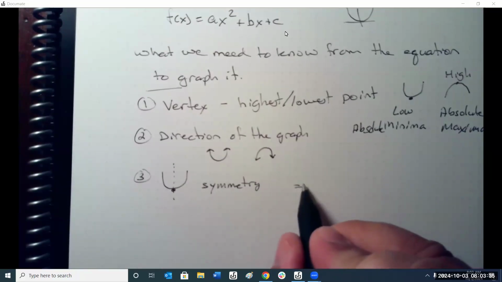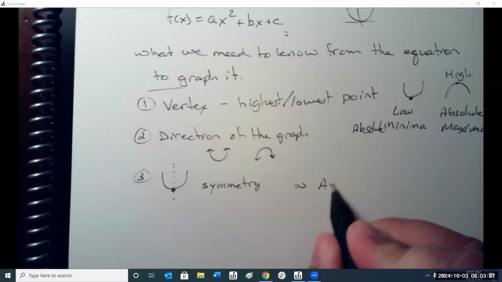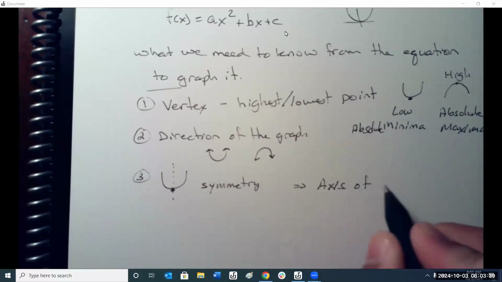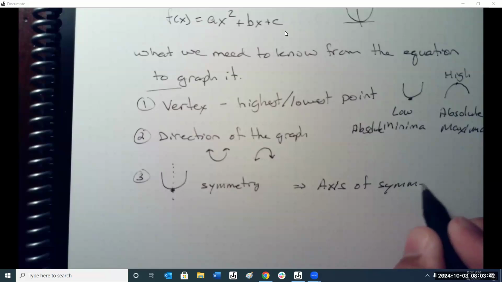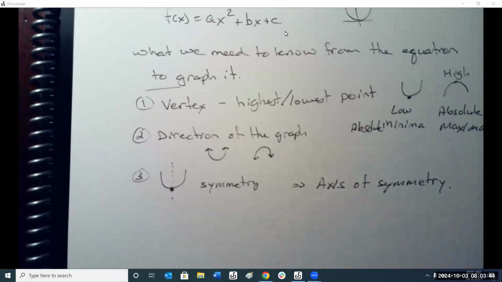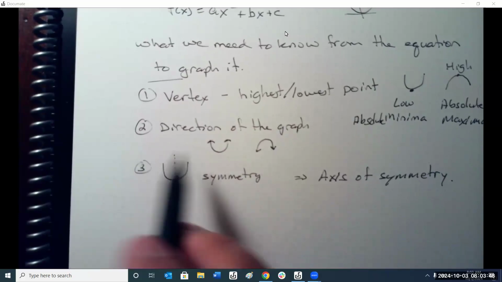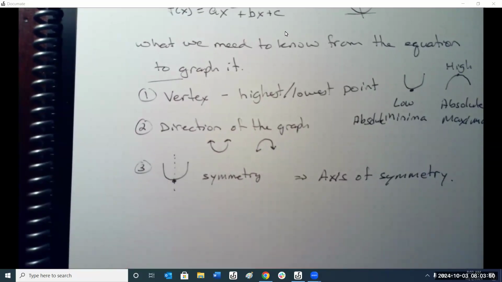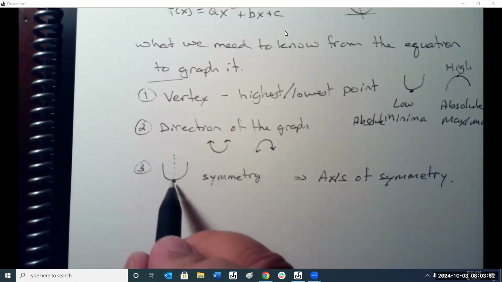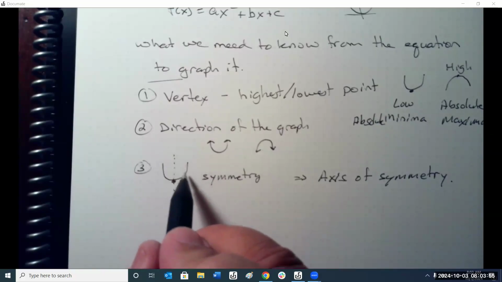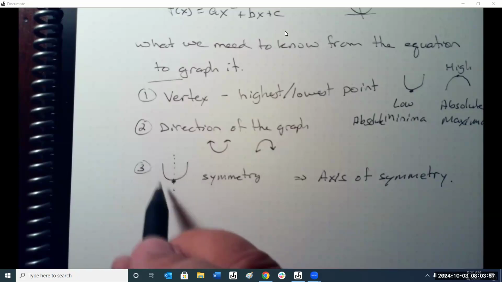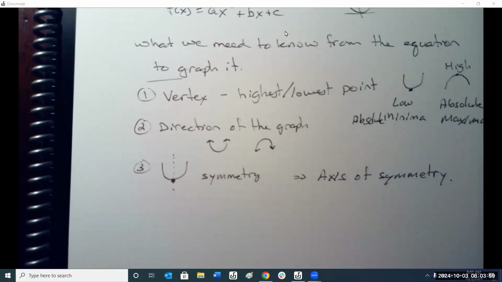Now, what we need to find in this equation is called the axis of symmetry. In other words, what is this line that makes it equal on both sides? Because once we find that axis of symmetry, once we plot one point, we just copy the points on the other side and we're done with the graph.